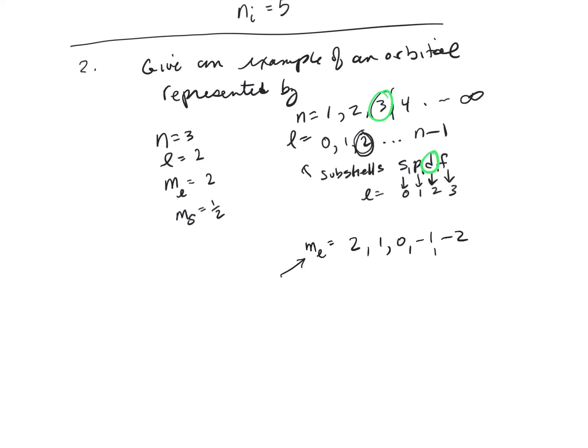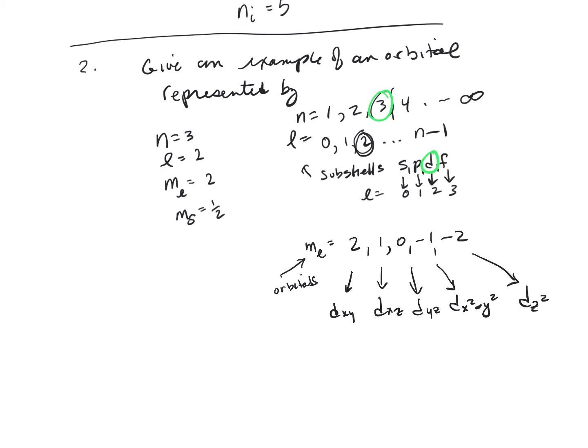So this is for the orbitals here. 5 orbitals, and they're the d orbitals. And then we have names for those as well. dxy, dxz, dyz, dx squared minus y squared, and dz squared.